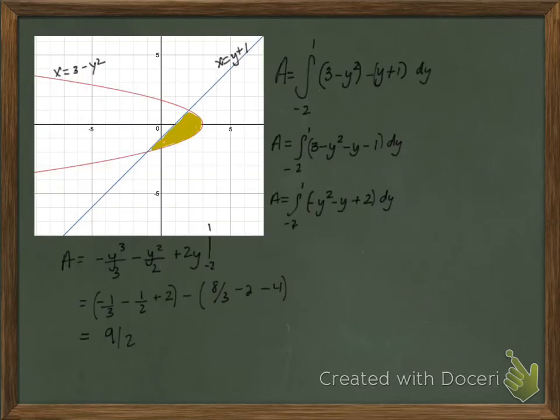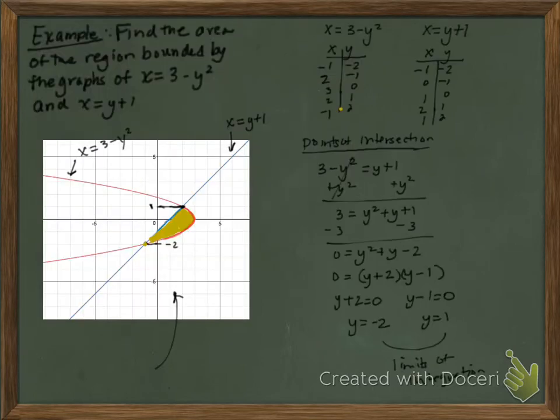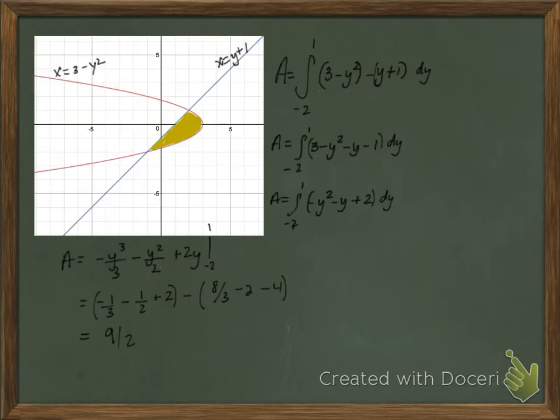So to find the area, again, the lowest number between negative 2 and 1 is negative 2. So negative 2 is going to go at the bottom, and 1 is going to go at the top. So it would be my rightmost curve minus my leftmost curve.